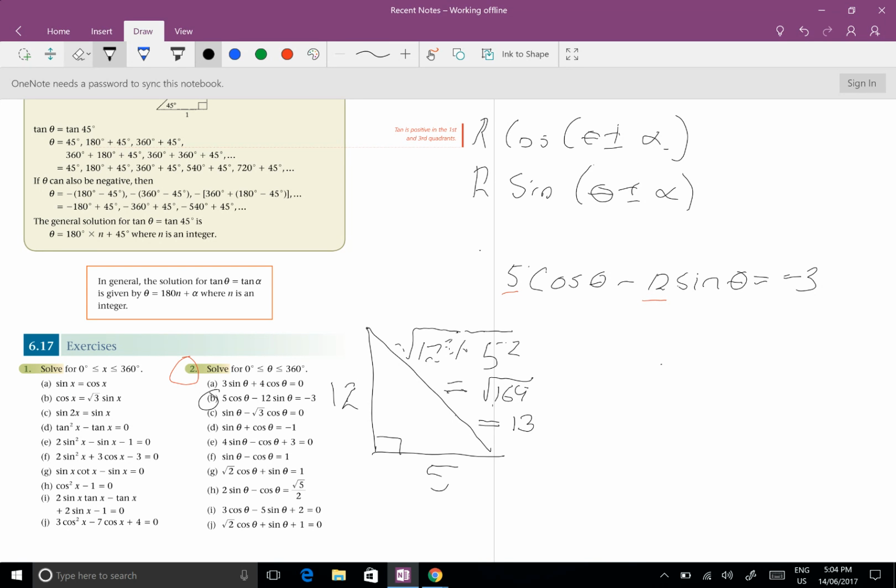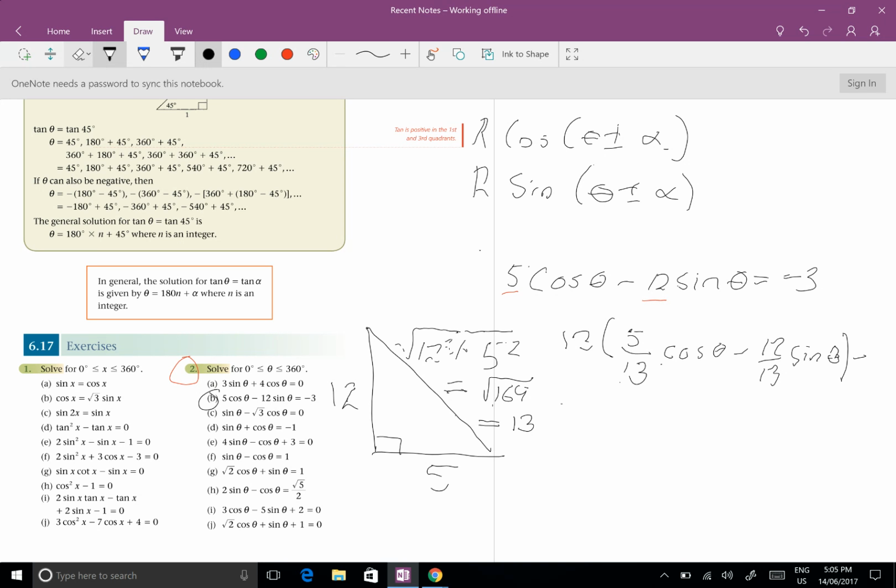So now we'll multiply this left-hand side by 13 and divide by 13 at the same time. So we get 13 times 5 on 13 cos theta minus 12 on 13 sine theta equals -3.